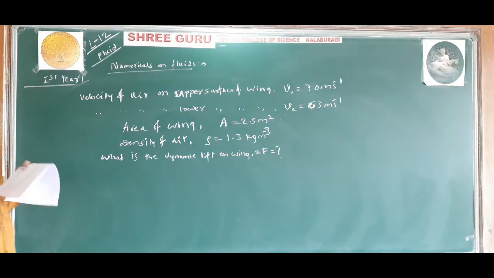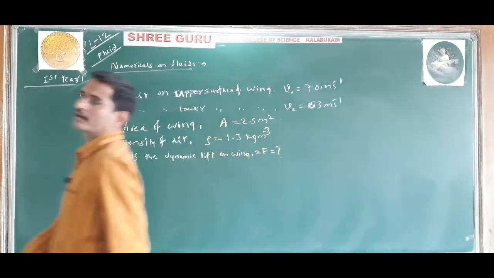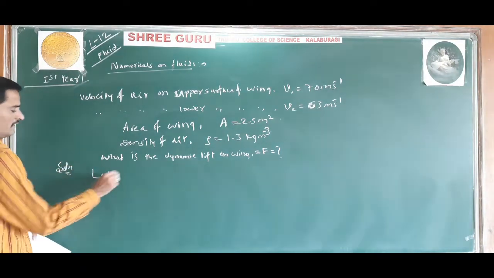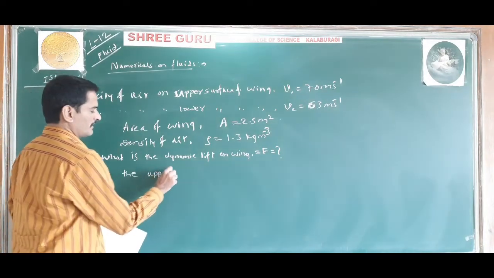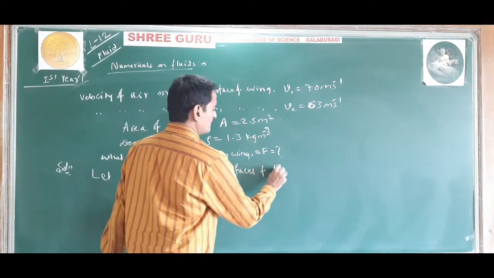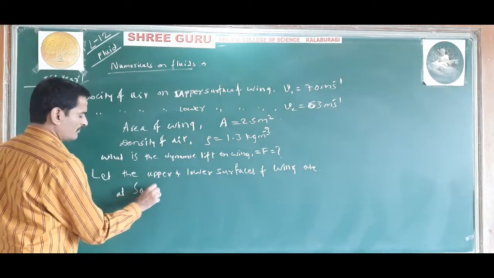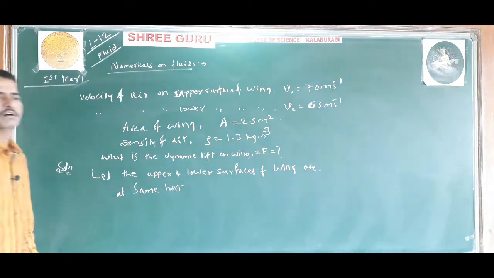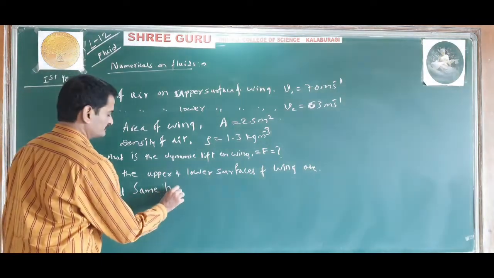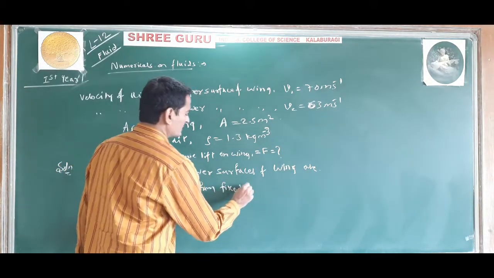Okay. So first we have to take that the upper and lower surfaces of the wing are at the same horizontal height, at the same height from the fixed horizontal surface.